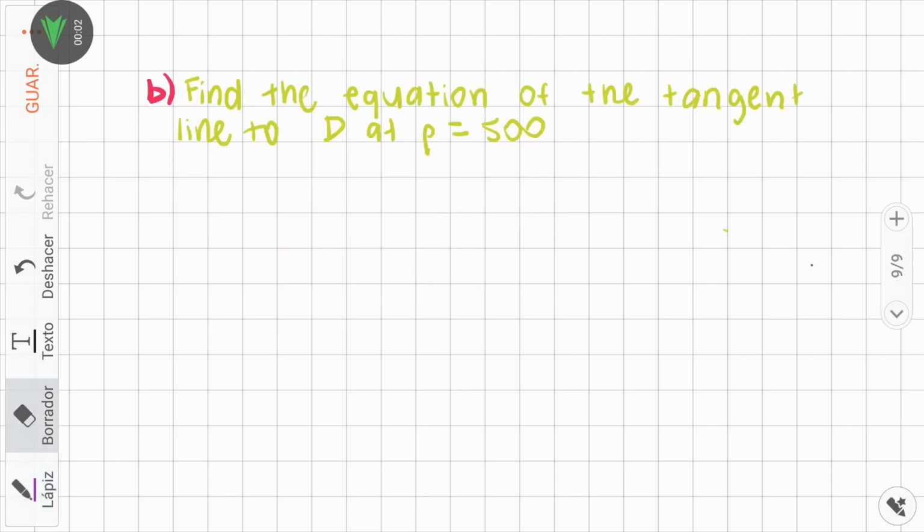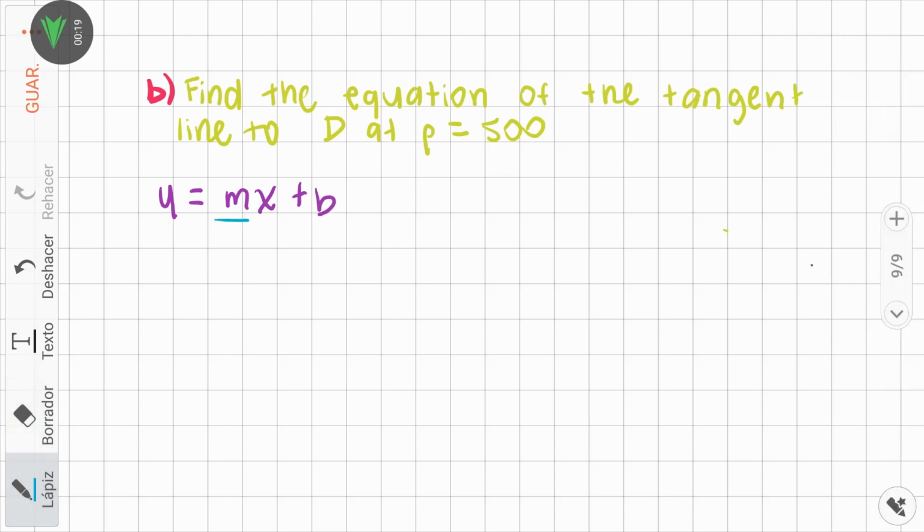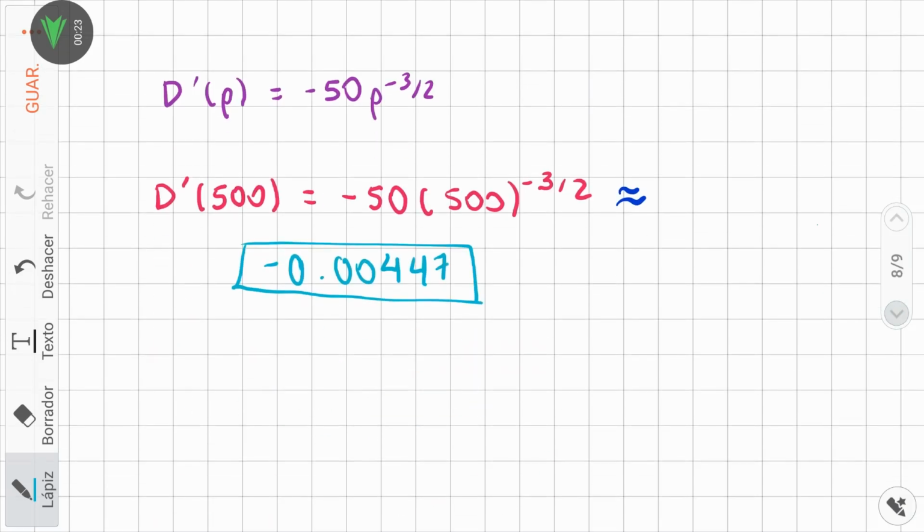Now solving for part B of our problem, which states find the equation of the tangent line to D at P equals 500. For that, you need the equation of a line, which is y equals mx plus b. For that, you need the slope, which we already have. The slope is simply the derivative at 500, which is negative 0.00447.